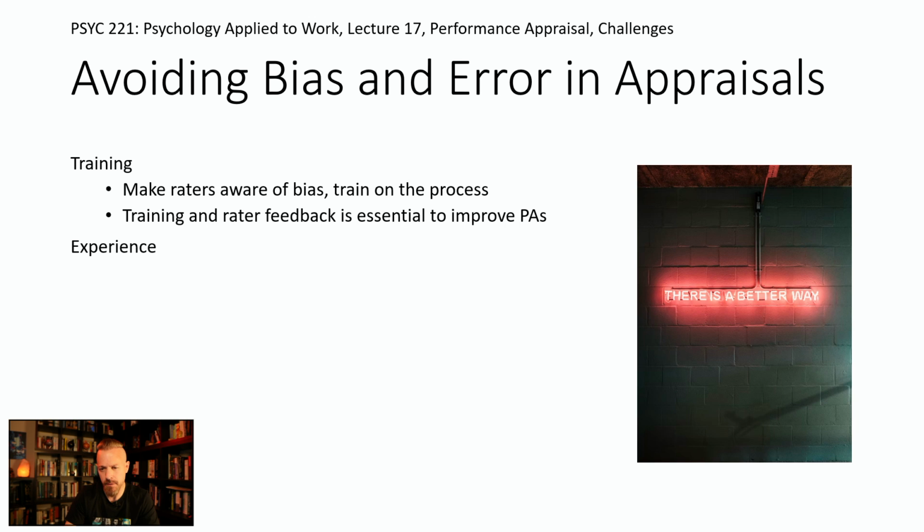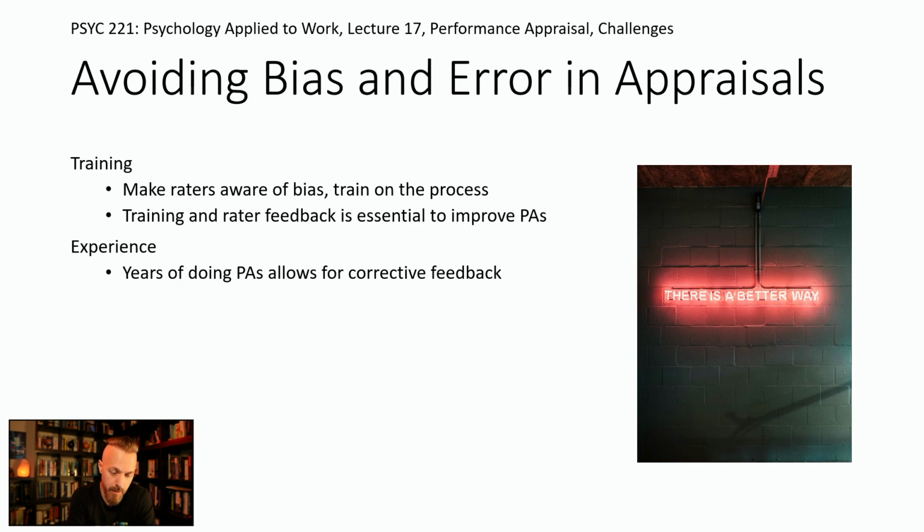And then experience. The more time you spend doing performance ratings, it allows corrective feedback to happen. Now, keep in mind, we just rattled off a whole lot of biases, and experience can definitely give you some bias. Think for a minute about the types of biases, and what's one that would pop up if you've had more years doing it.